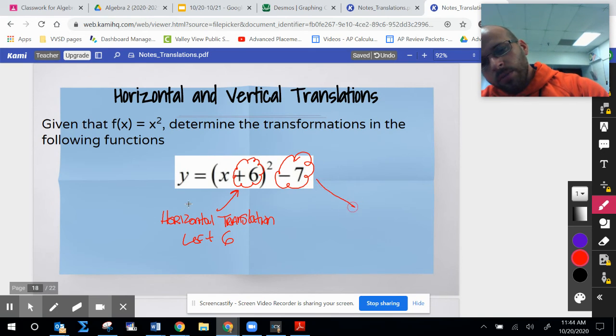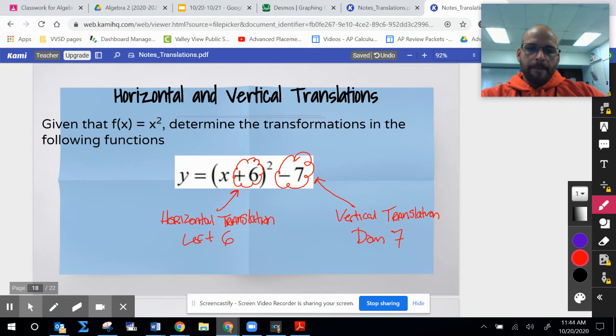If you subtract 7 to the outside, that's going to be a vertical translation down 7. Okay. So you can see both of them in the same problem. You have a horizontal movement and a vertical movement.